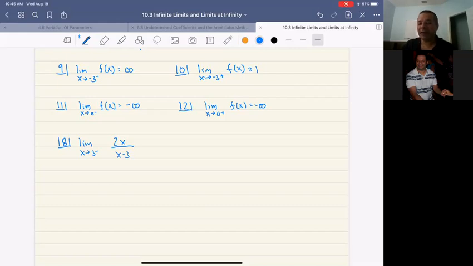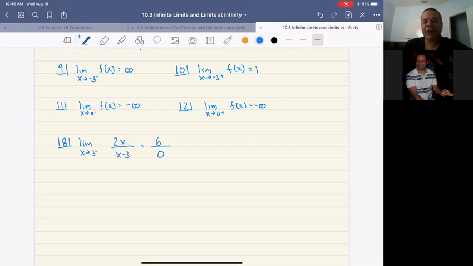But anywhere that I see that it's 0, I'm going to put whether it's to the left of 0 or to the right of 0. This is very informal. In the numerator we're going to get 6, no problem, but in the denominator we're going to get 0. Now, is it going to be 0 from the left or 0 from the right? Well, we're going to 3 from the left, so things like 2.9, 2.99, 2.9999999.